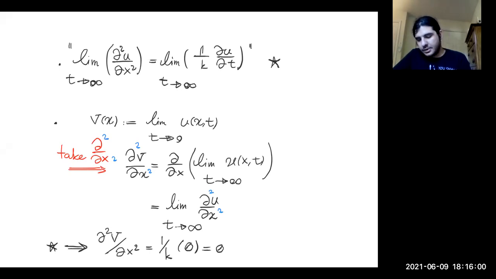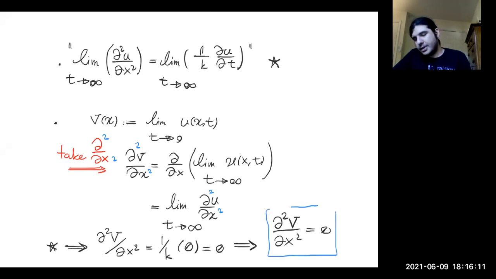In other words, the second derivative of v with respect to x is equal to 0. That is going to be our steady state equation, the equation for the function v. Note that v is just a function of x whose second derivative with respect to x is equal to 0.